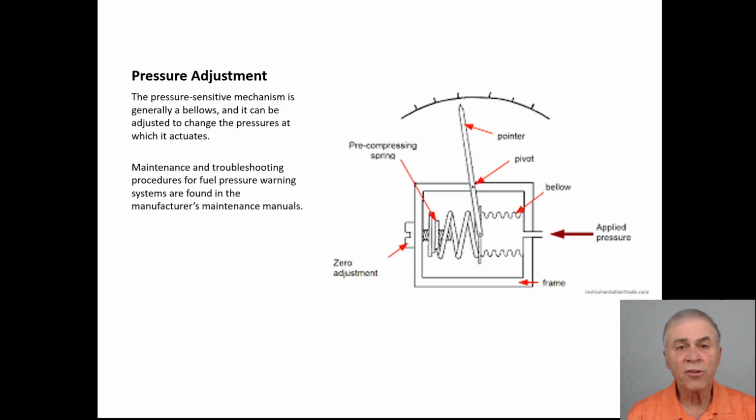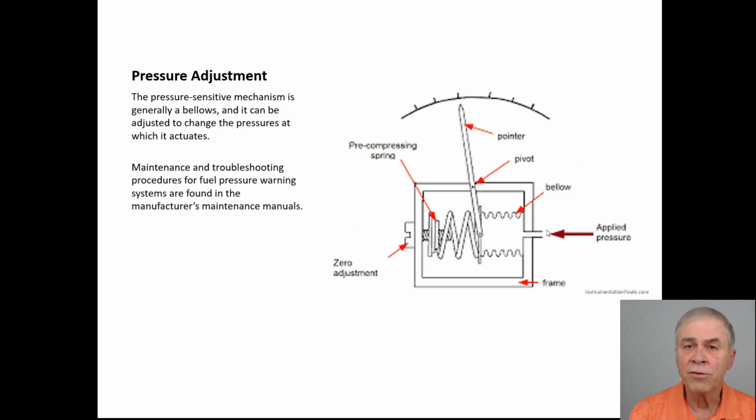How do you adjust the pressure? Is that what we're going to talk about? The pressure sensitive mechanism is generally a bellows, and that can actually be adjusted to change the pressures at which it actuates. Maintenance and troubleshooting procedures for fuel pressure warning systems are found in the manufacturer maintenance manuals. But you can see where the adjustment screw is.